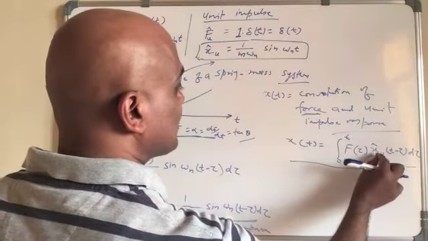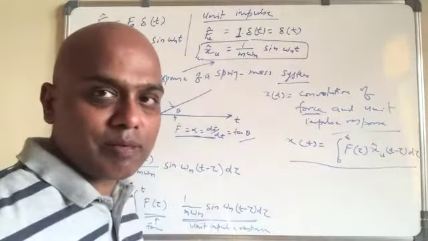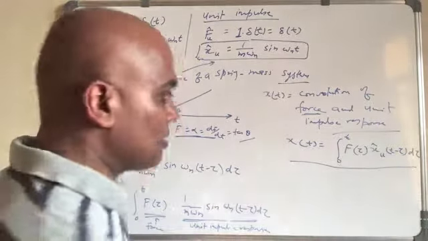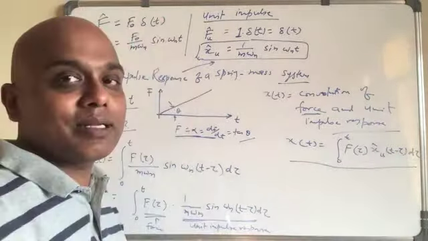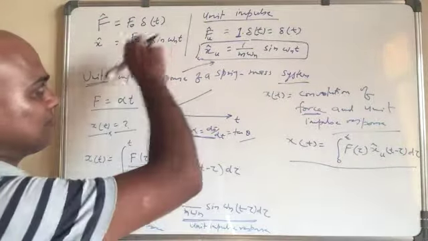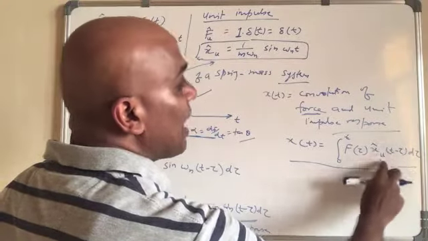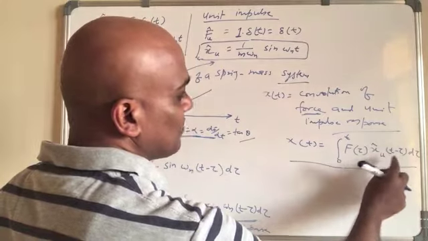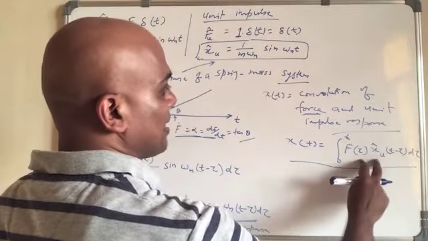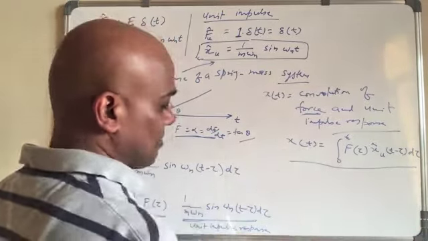But if you know x hat u for any kind of system, even one with a damper or more complicated, then also, as long as it's linear, you convolve that and get x(t) for that system.